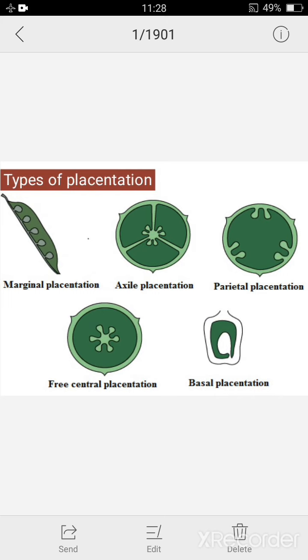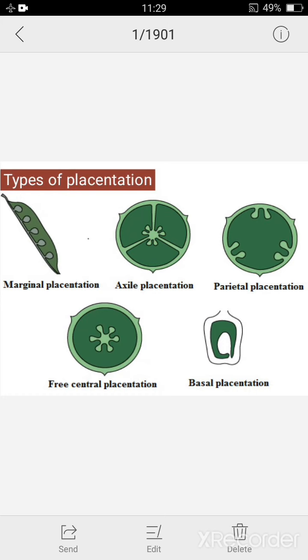Understood? The ovary is actually one chamber, but due to formation of a false septum, it appears as a two-chambered ovary. Right? Now, free central placentation. Septa are completely absent. Ovules are present at the central axis. Understood? Next, basal placentation. A single ovule is present at the basal side of the ovary attached to the placenta. So these are the unique characteristics of each placentation.